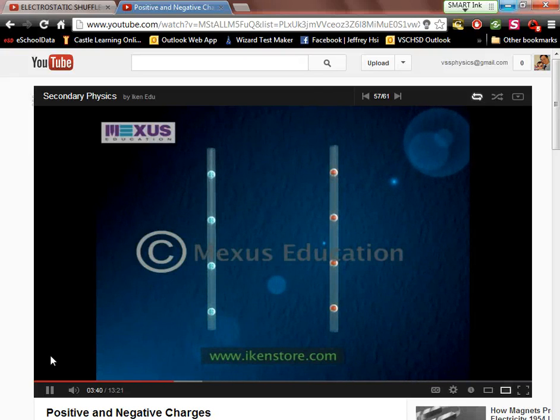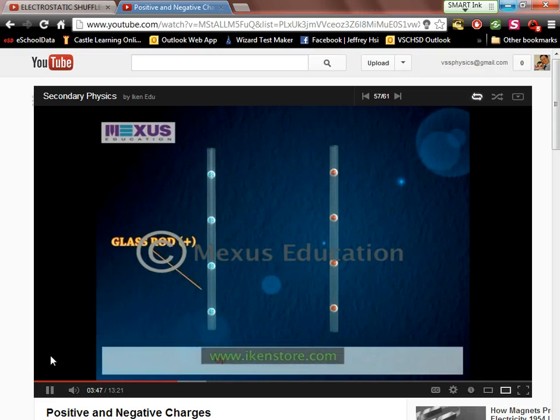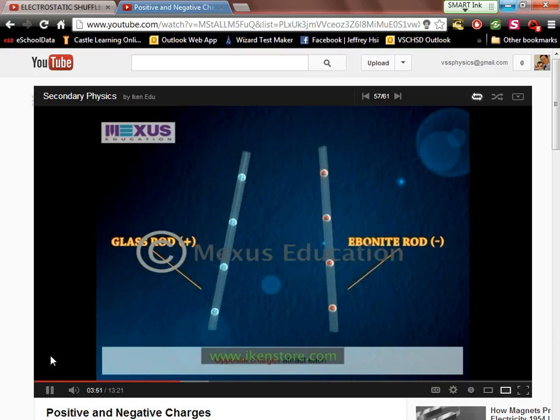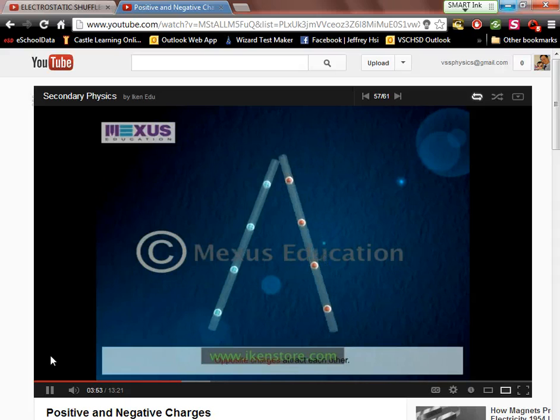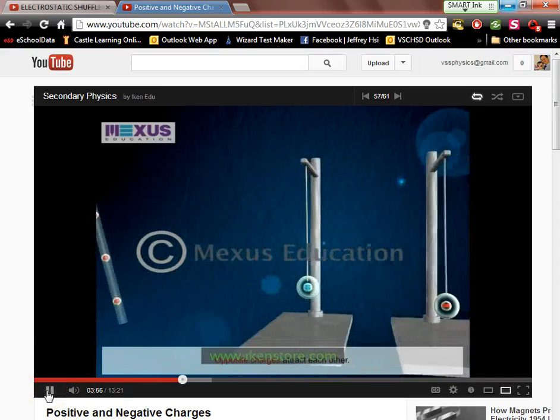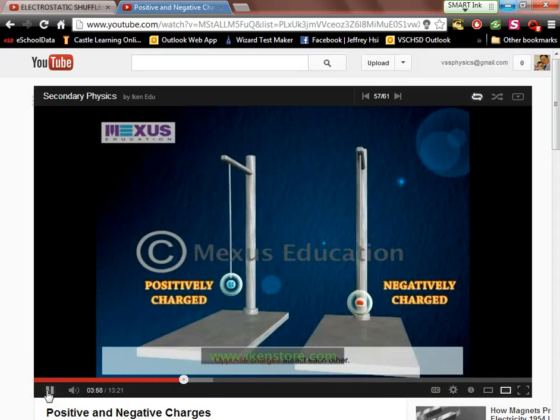Let us see what happens when opposite charges are brought together. If the glass rod is brought near the ebonite rod, it is found that the two rods attract each other. Similarly, the two pith balls charged by the rods also attract each other. Okay.